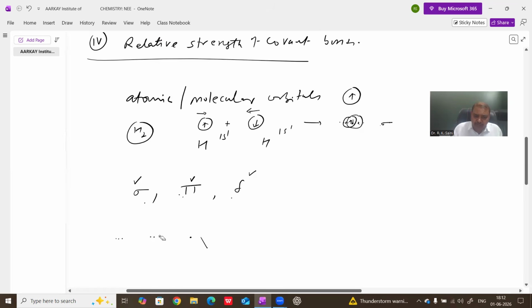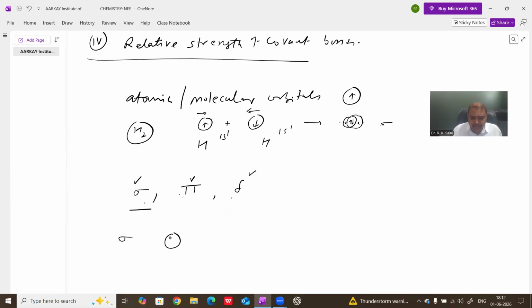On the basis of accumulation of electron density, there are three types, namely sigma bond. In case of sigma bond, electron density is centered along the internuclear axis. For example, s-s overlapping. S atomic orbital and S atomic orbital, this is known as s-s overlapping, and electron density is centered between the two nuclei along the internuclear axis.